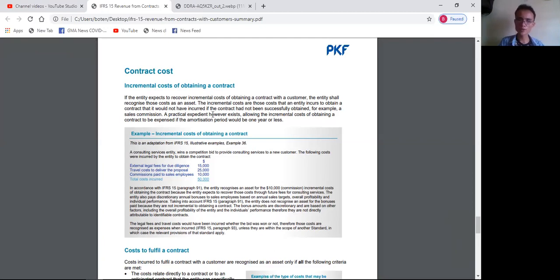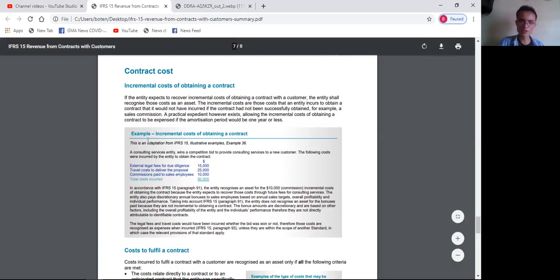Otherwise, we will not be able to perform the obligations. So take note, the word is incremental, in the sense that we are going to talk about additional, extra, marginal costs in the contract. So these costs would not be incurred had we not entered into a contract.